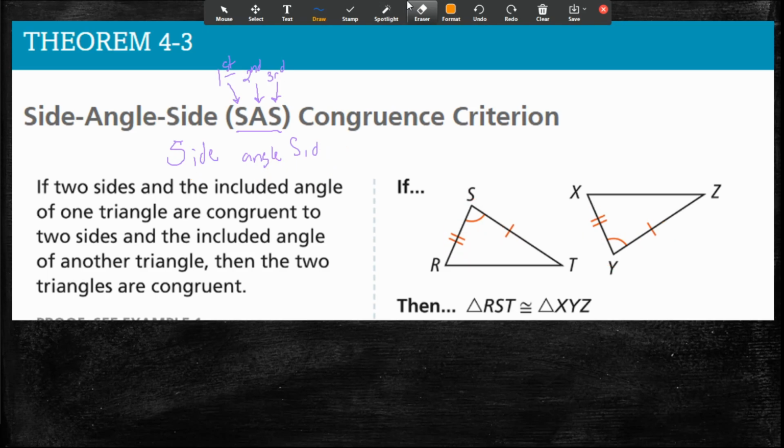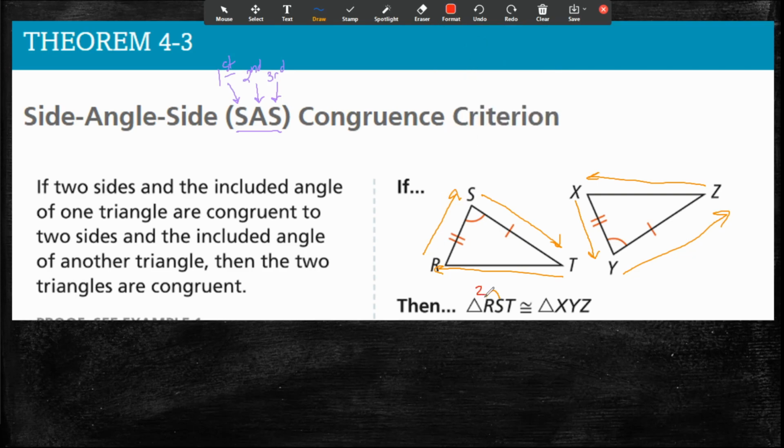What I have to do is just make sure that these are the corresponding parts of the triangle that I have shown are congruent. And what does that mean? It simply means here, if I have triangle R, S, T, that these go in the same order as X, Y, Z. So the first thing I have is from R to S. Let's do a different color.